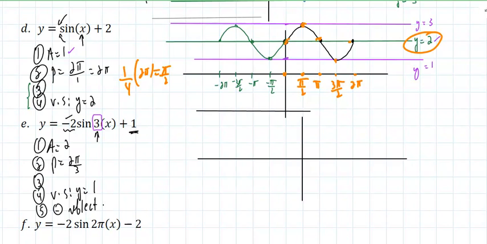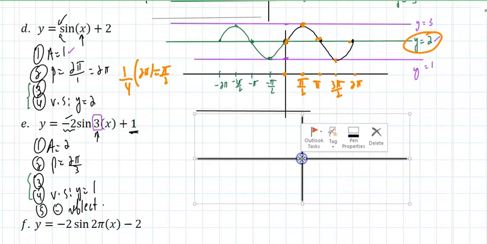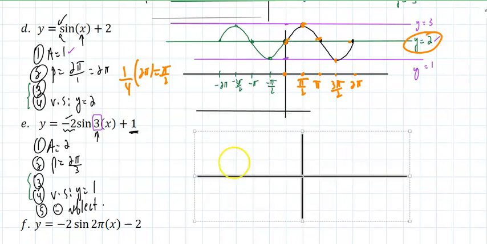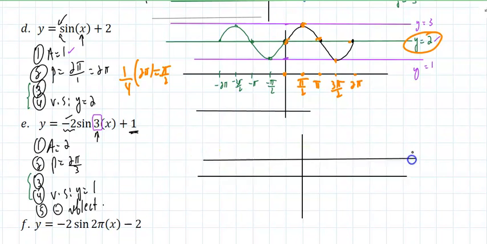If I go to my shifts first, y equal 1. Oops, let me use a different color. Let's go blue.